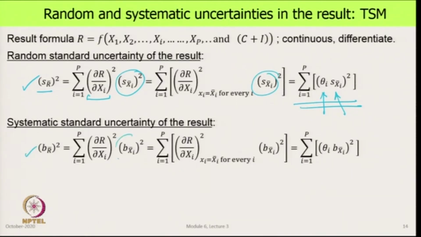And the same thing we can do with the systematic standard uncertainty, B r bar square. Here again we have B x I bar, and the sensitivity coefficient stays the same. So we are able to get the systematic standard uncertainty of the result over here and the random standard uncertainty of the result over there. What we saw is that whether it was u r bar, S r bar or B r bar, in all these cases we are using the same values of the theta i's.